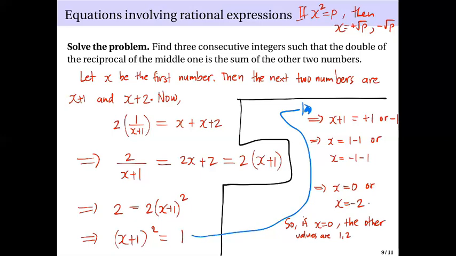So those are the three consecutive integers, 0, 1, 2. If x equals negative 2, the others are negative 1 and 0.